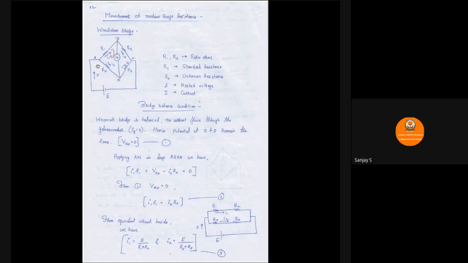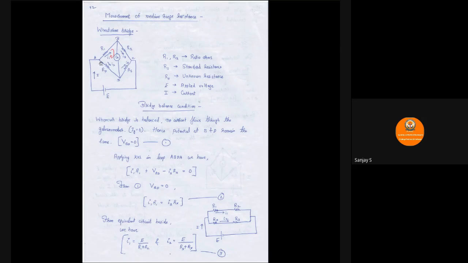And you very well know, as per KCL, current gets divided at node A. Here you are having four nodes A, B, C and D. Current I is passing from the source, which gets divided here, and the current through the branch R1 is named I1. Current flowing through the branch Rx is named I2. Current flowing through R2 is named I3, and the current flowing through Rs is named I4.